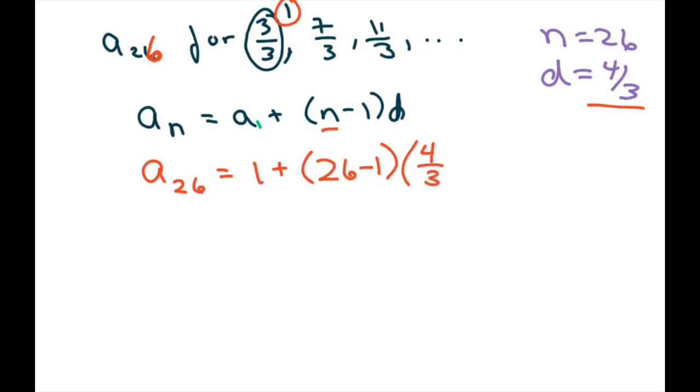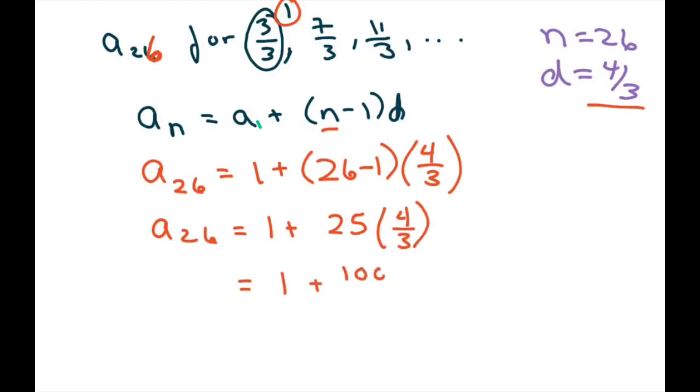So a sub 26 equals 1 plus 25 times 4/3, which equals 1 plus 100 over 3. Again, I'll go ahead and write this 1 as 3 over 3. And when you add that up, you get 103 over 3. And that's your final answer.